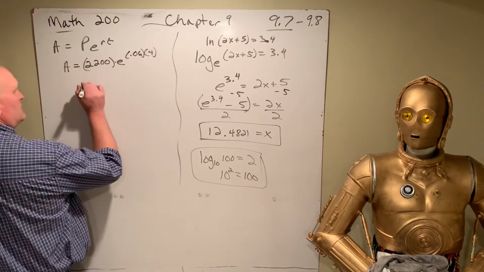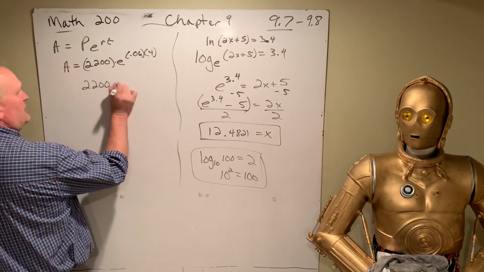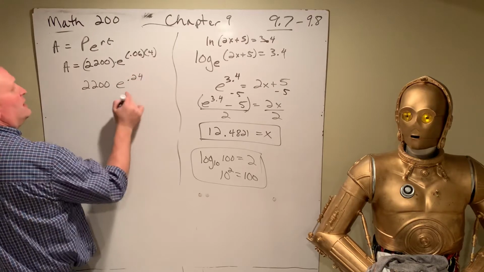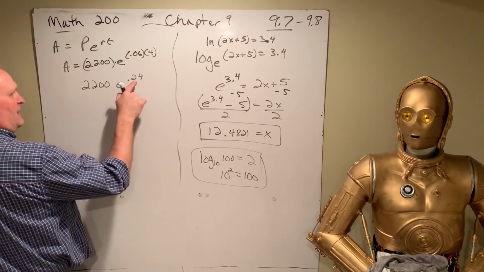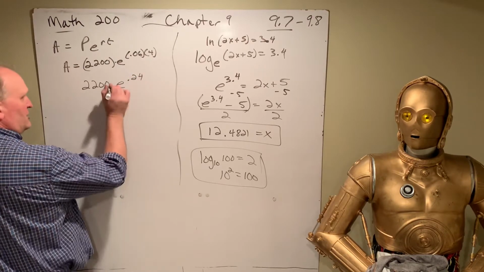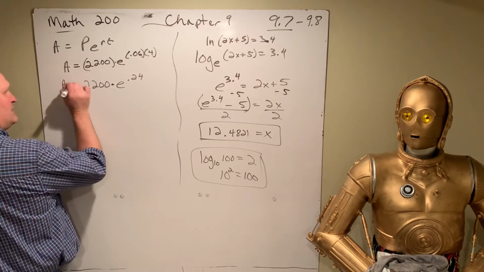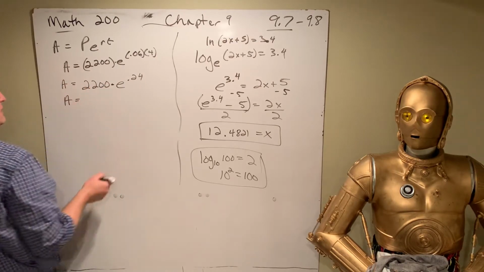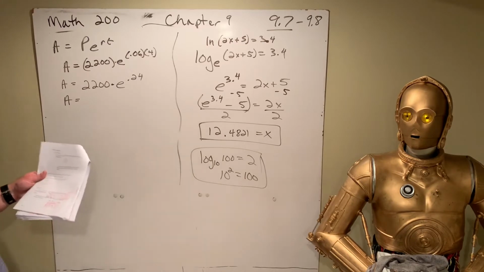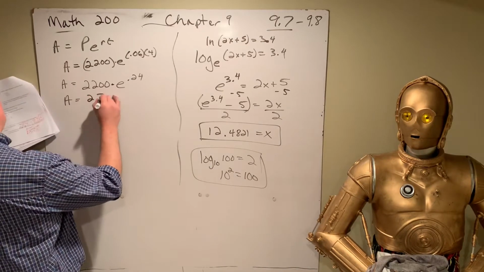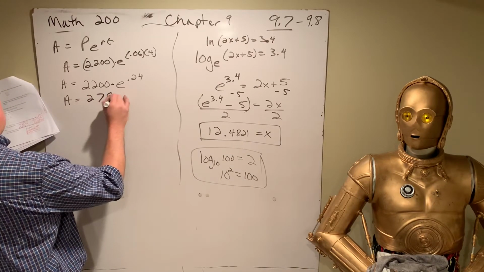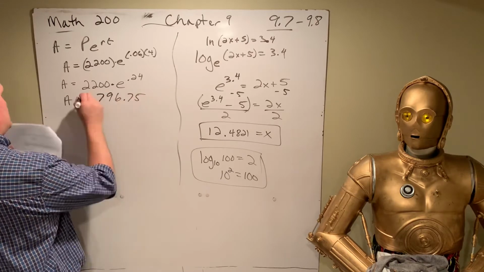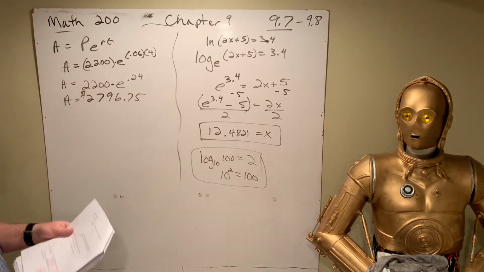So 2,200 E to the 0.24. Type in E, second ln, to the 0.24 power, hit enter, and then just hit times 2,200. That'll give you that big long decimal, and then times 2,200. And it's $2,796.75. Okie dokie.